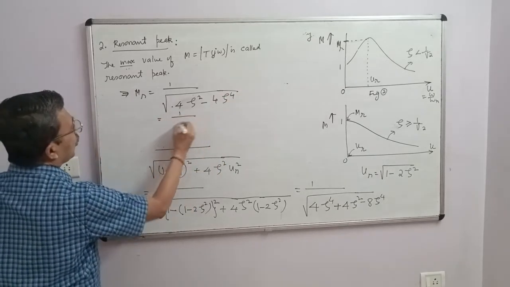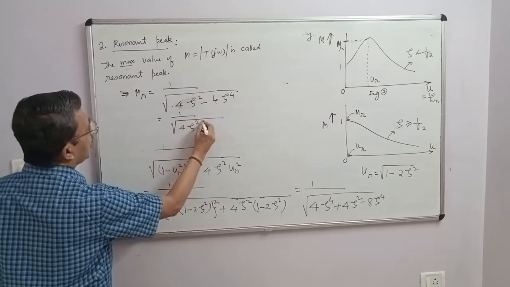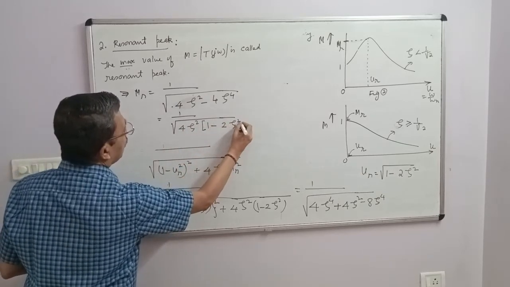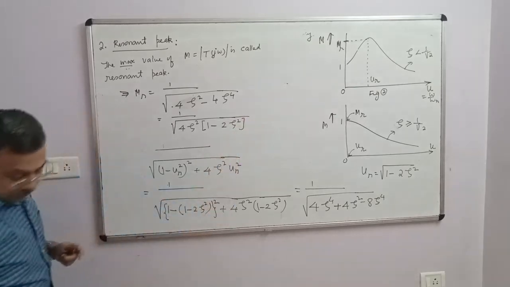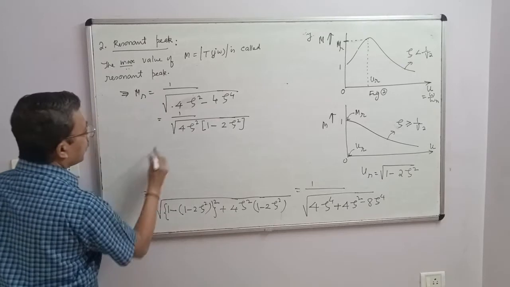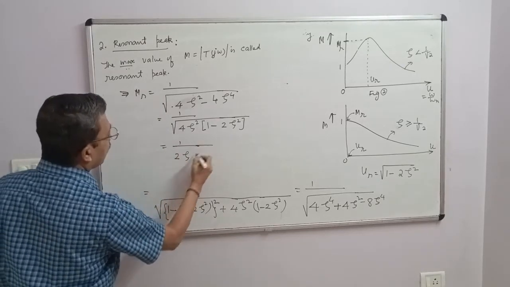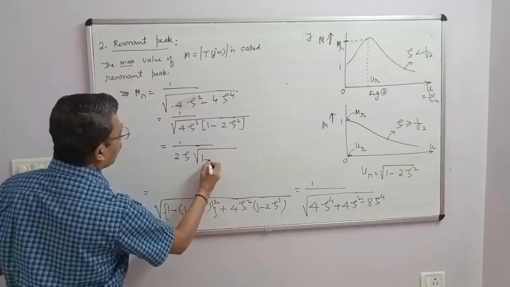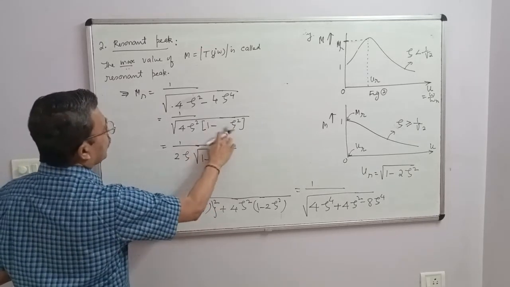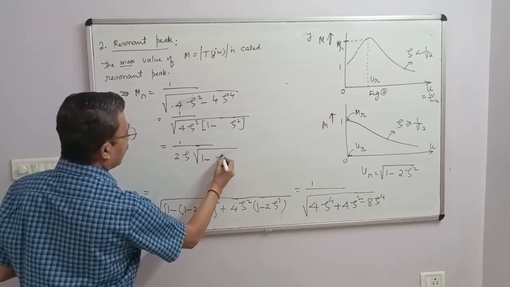So this is nothing but 1 over square root of 4 zeta square, we take common, that gives 1 minus zeta square.